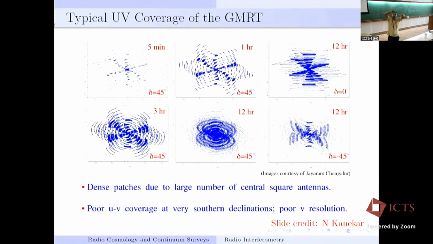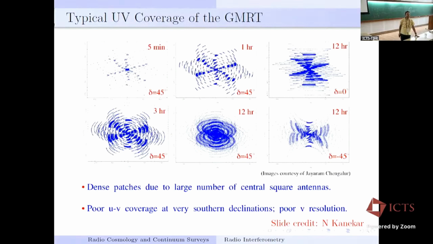Okay. If the source happens to be at the top of your head, it is fantastic. But all the sources are not like that. The source might be very much down. So there you will have this kind of problem, and you will also have a problem in imaging, because the UV plane is not properly sampled.